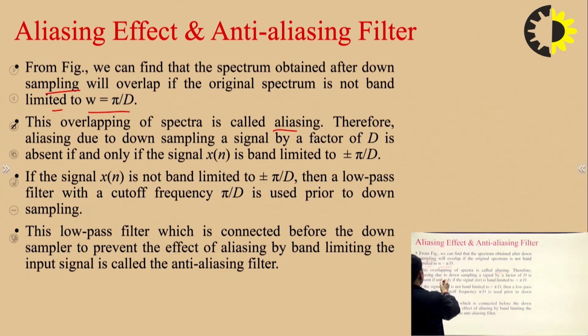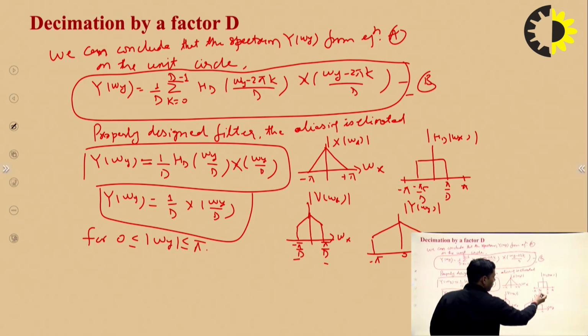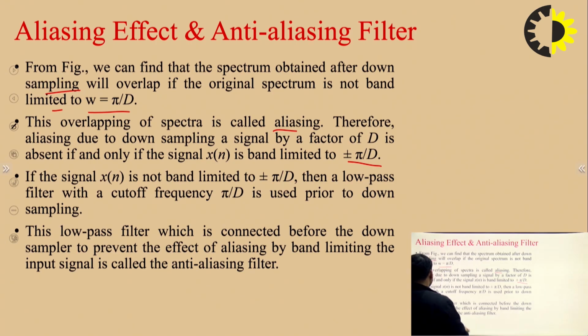Therefore, aliasing due to downsampling a signal by factor d is absent if and only if xn is band limited by this factor, as you can see here. If the signal xn is not band limited to plus minus pi by d, then a low pass filter with a cutoff frequency pi by d is used prior to the downsampler. This low pass filter, connected before the downsampler to prevent the effect of aliasing by band limiting the input signal, is called the anti-aliasing filter here.